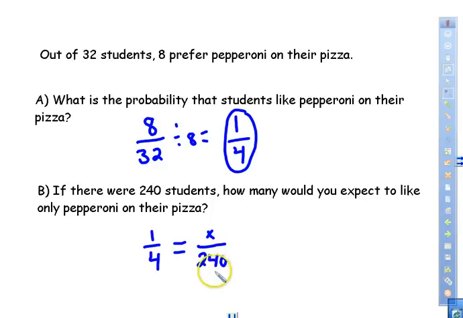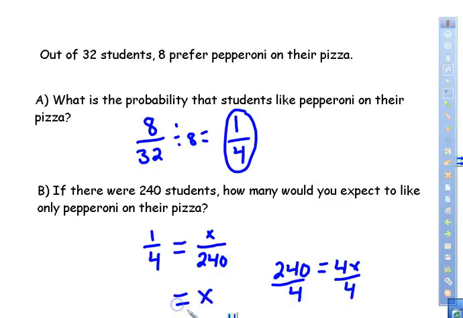So again, to do this, we cross product. So 1 times 240 is 240, which equals 4 times x, which is 4x. And then we are going to divide both sides by the number with our variable. And then we'll see that we get x equals, well, 240 divided by 4 is 60.